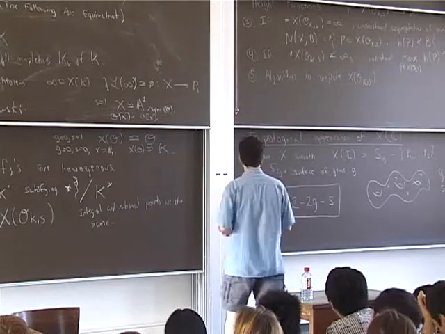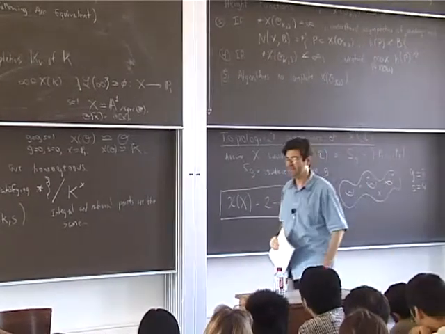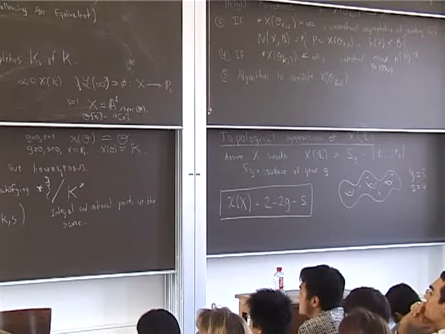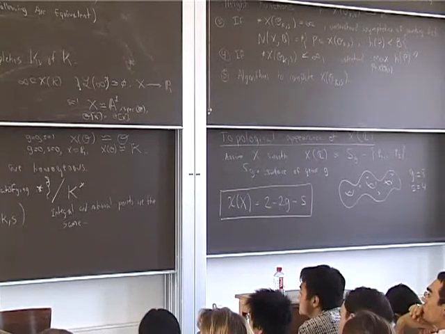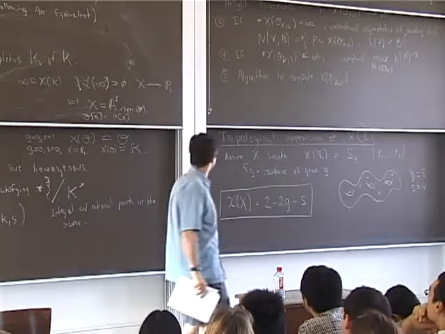Okay. But I really want to focus in my lecture, since this is completely simple and worked out, on the case of Euler characteristic 0 and the Euler characteristic strictly negative.